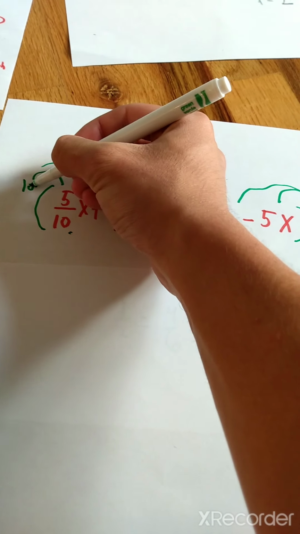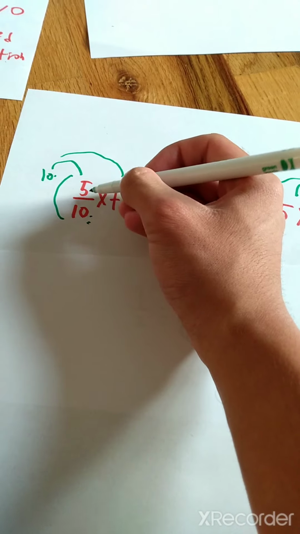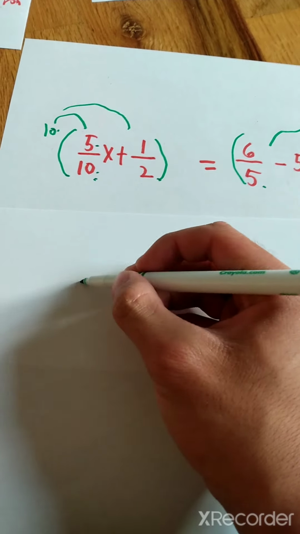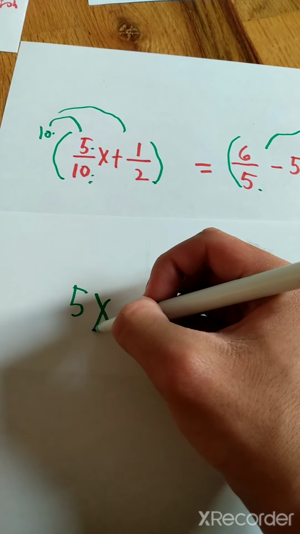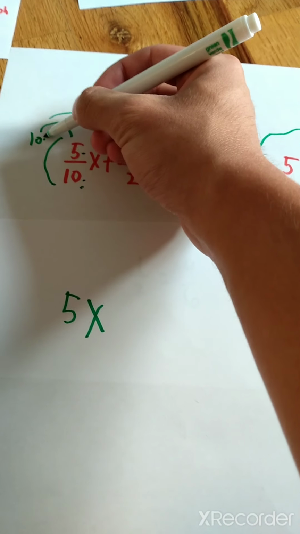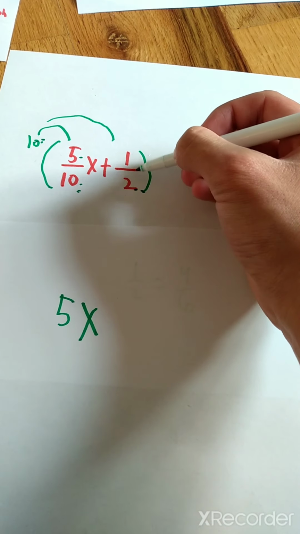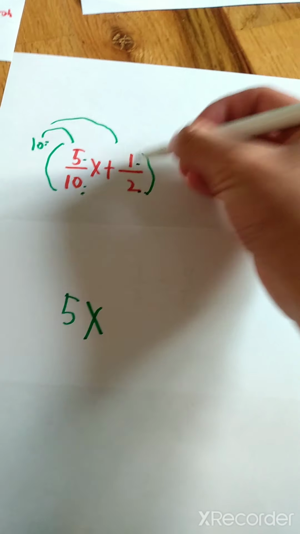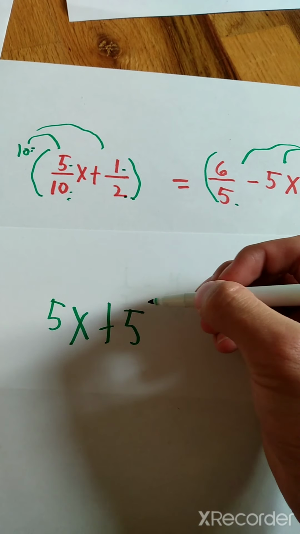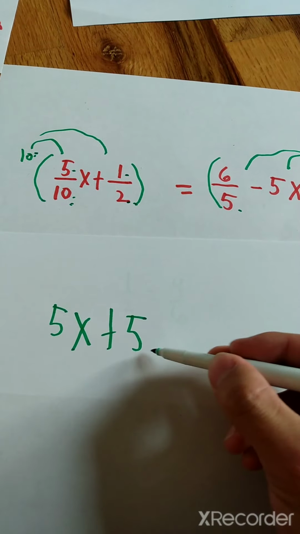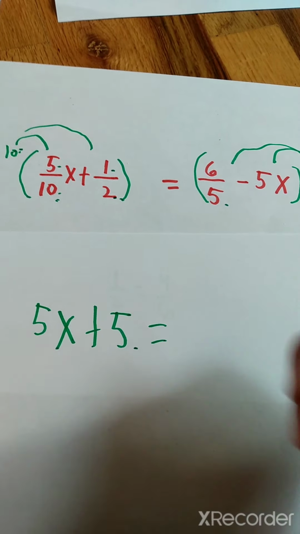So we say 10 divided by 10 is going to be 1 times 5. So we're going to put 5, and since we have a variable, it's x. Kaboom! Then we have 10 divided by 2 is going to be 5 multiplied by 1. So it's going to be 5 again. Another kaboom. We can also say 5 is 1/2 of 10. Then we have our equal sign.